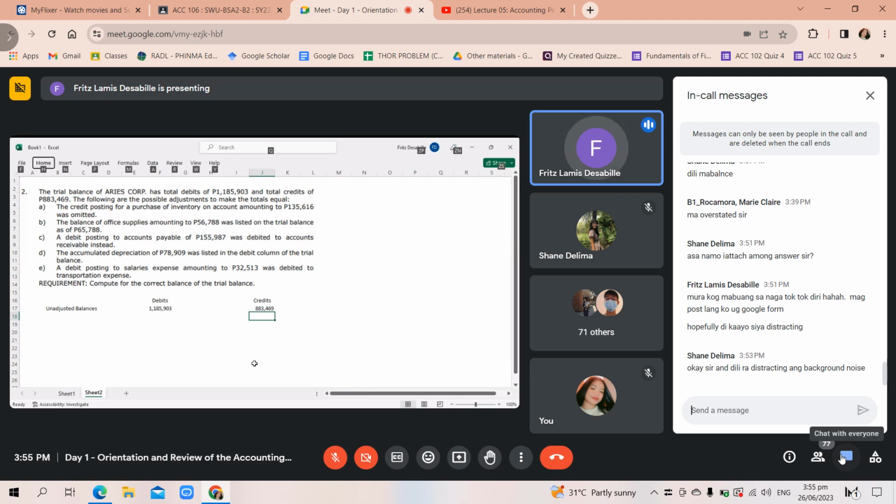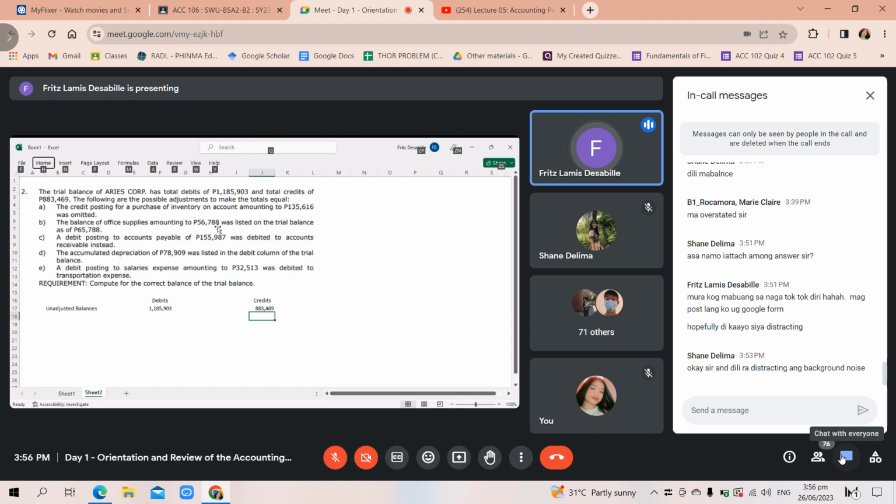Okay, now let's go over the following transaction. Of course, this is an example of errors which are detected by a trial balance. Letter A, the credit posting for a purchase of inventory on account amounting to 135,616 was omitted. So kani daw nag-purchase ng inventory on account, no?